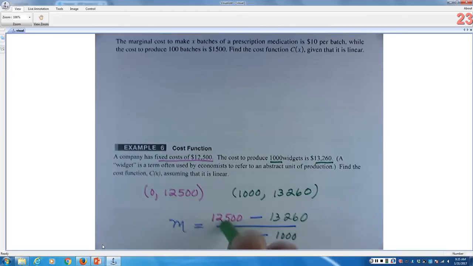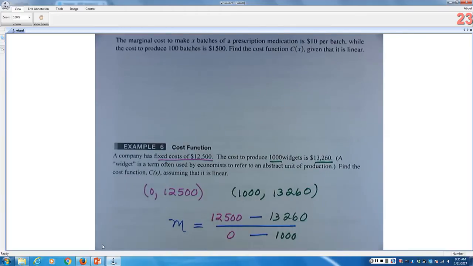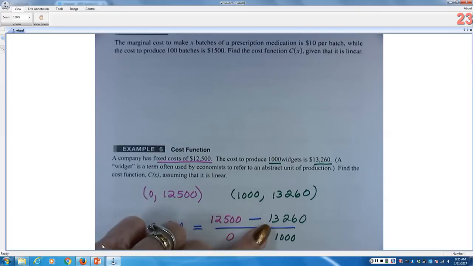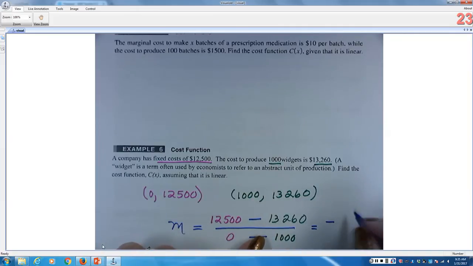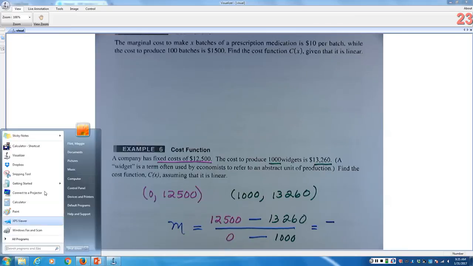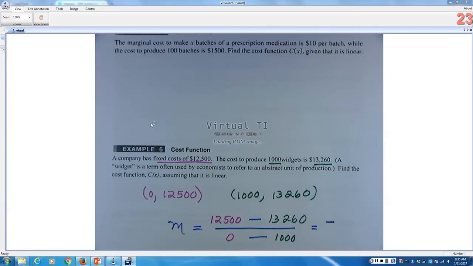They didn't have to have this one first and that one second. It could have been the other way around, and that still works. But 12,500 minus 13,260 is negative, and rather than trust my not quite caffeinated enough brain, I'll grab a calculator.